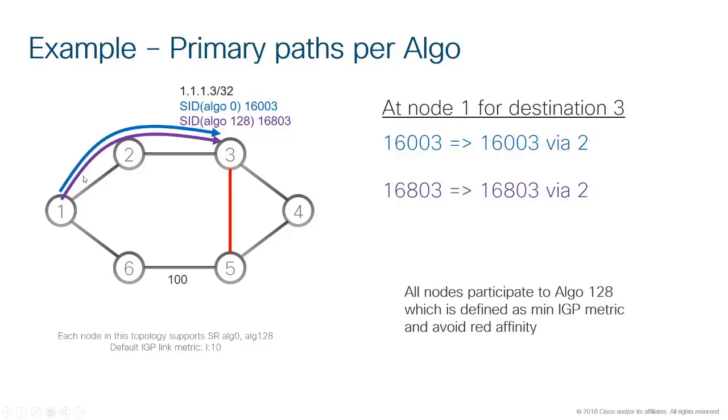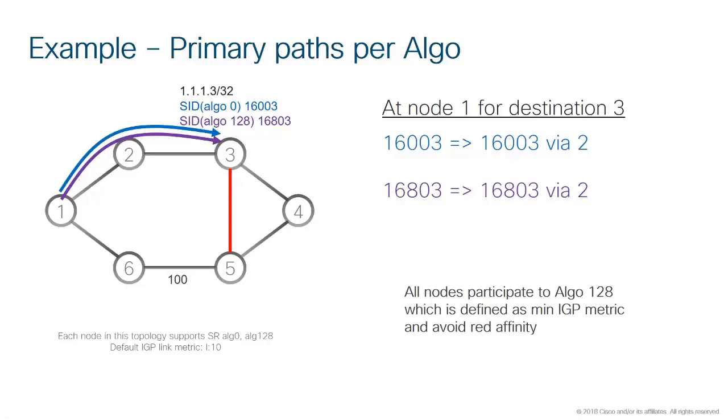So if I am at 1 and I look at the prefix SIDs to 3, 16,003 goes 1, 2, 3, 16,803 goes 1, 2, 3. The primary paths are the same, because the shortest path from 1 to 3 does not use a red link, so there's no differentiation for these two prefix SIDs for the primary path.